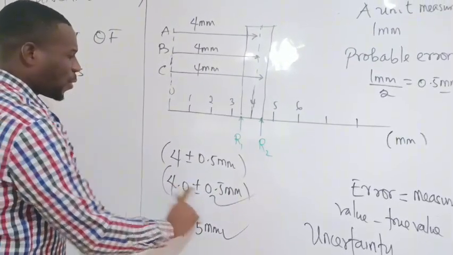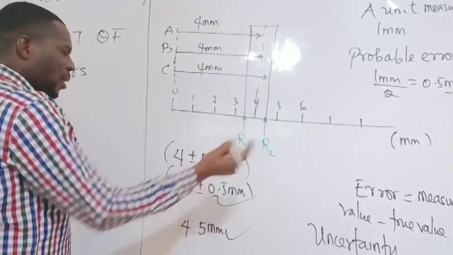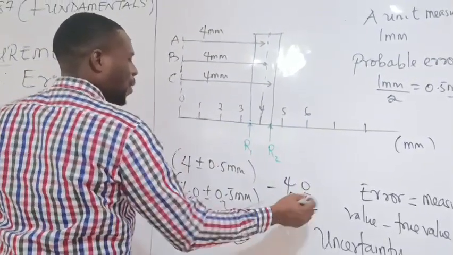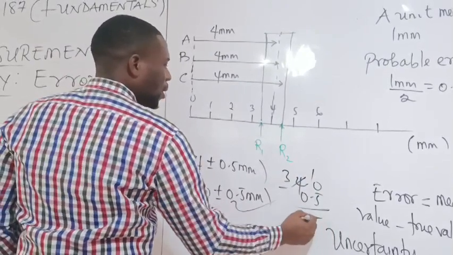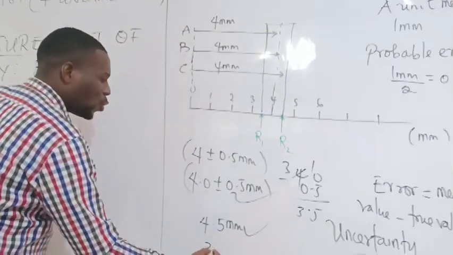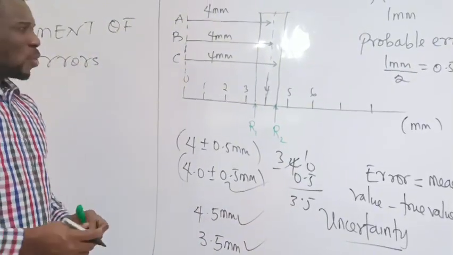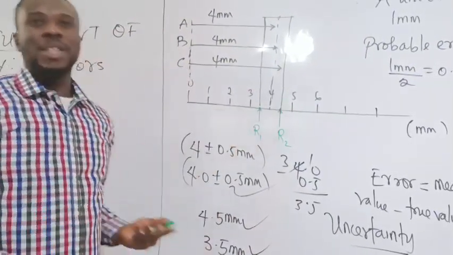And if you remove 0.5 millimeter from 4, so if you tell me 4.0 minus 0.5, and you tell me you measured 3.5 millimeter, of course it's also correct. Why? Because it is within the range of these errors.